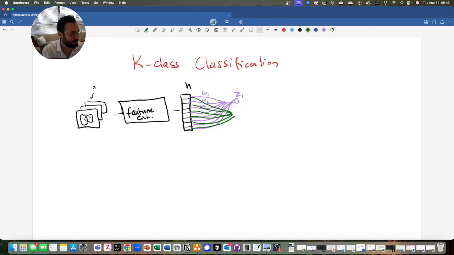Right below the Z, I can have my Z2, and similarly another one, one for each and every one of the Z's. So I have ZK. There's a name for these predicted activations for each class, and the name is going to be logits in a second.